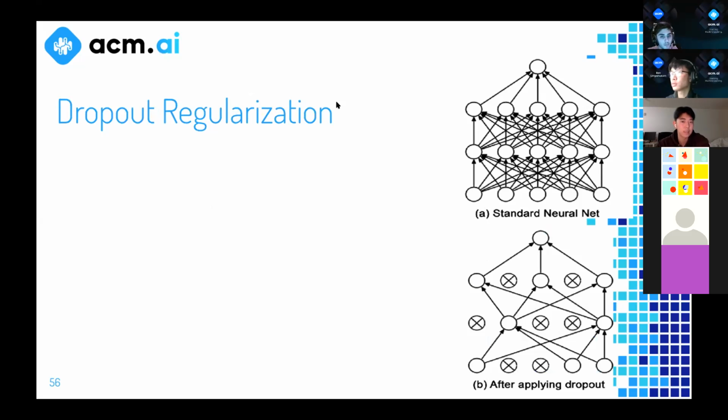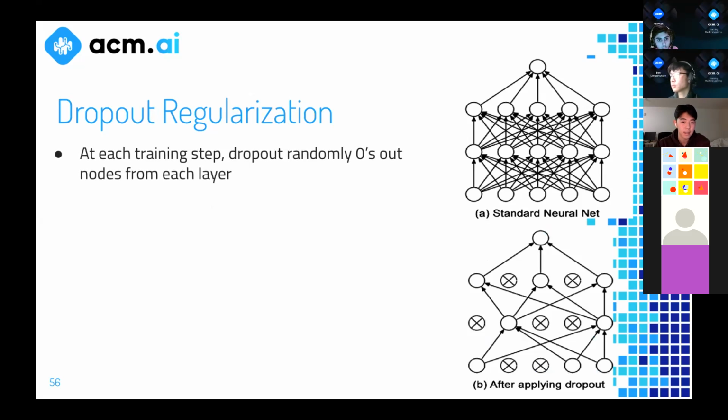We talked a little bit about regularization. We're trying to penalize our network for being too complex, and this will help with overfitting. We want to make sure our network is actually solving the problem and not just memorizing patterns in the data. At each training step, we're going to randomly zero out a node from a previous layer.